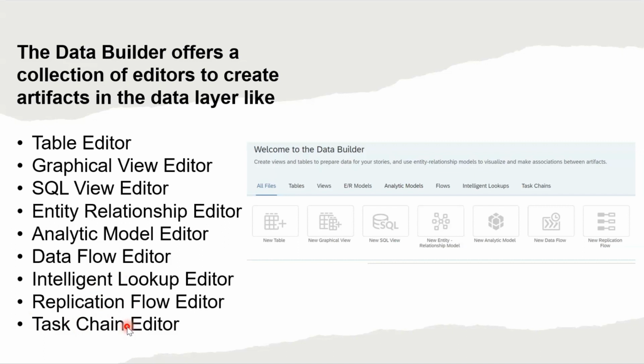If someone watching this video is pretty much handy with SAP BW, so this is similar to process chain in SAP BW. So, for example, you have created two, three data flows, and then you also have intelligence lookup. So first you have the replication flow, and then you have the data flow, then you have the intelligence lookup, and finally it is loading the data to the analytical model.